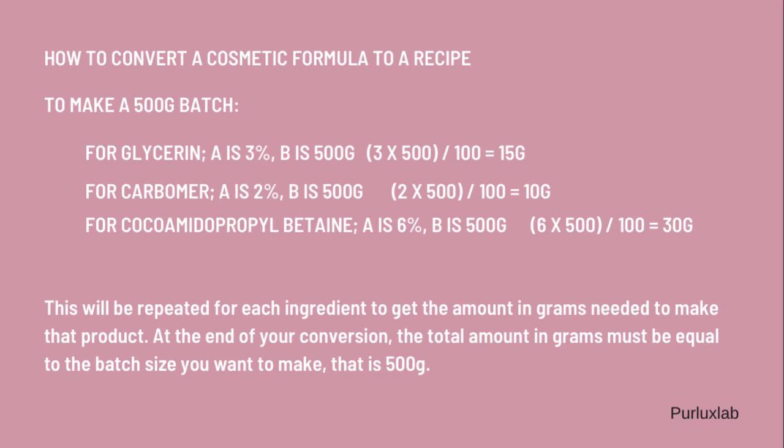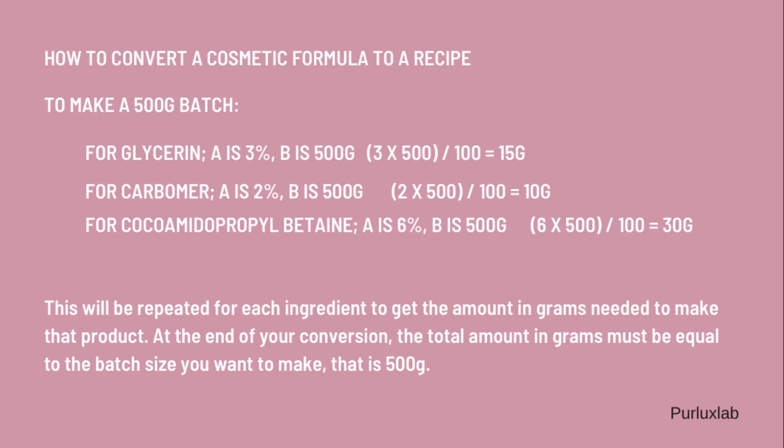You will also repeat this for carbomer, which is the thickener in this case, and the percentage of carbomer is 2%, which is the value of A, and B is 500 gram. So you multiply 2 by 500 and you divide by 100 to get the value of carbomer that you're going to need for this batch.